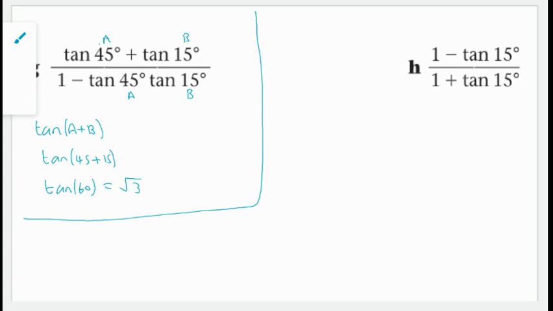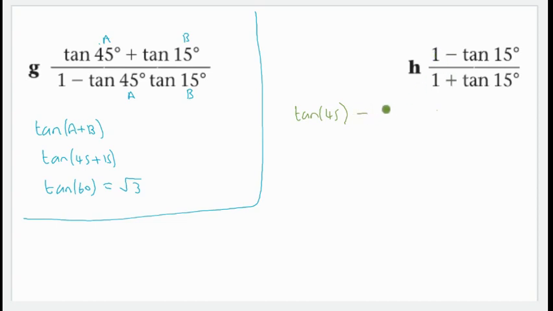Okay, next question. This one looks a little bit funky because what do we actually do? Well, it's quite sneaky actually. So we can turn this into this. We can replace the 1 with tan 45 because tan 45 is equal to 1.